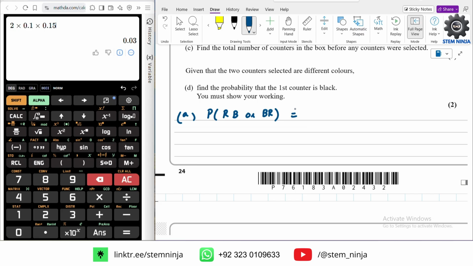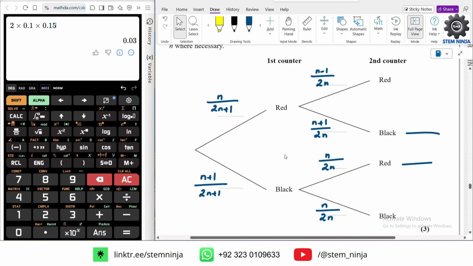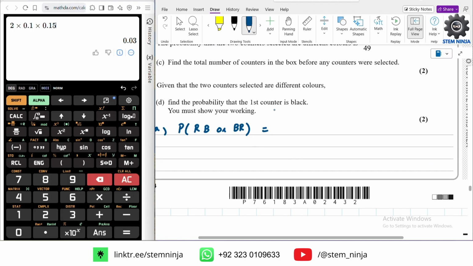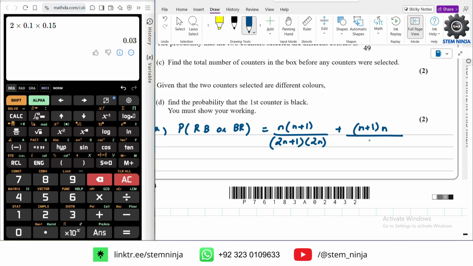So this is n times n plus 1 over 2n plus 1 times 2n, plus n plus 1 times n over 2n plus 1 times 2n.